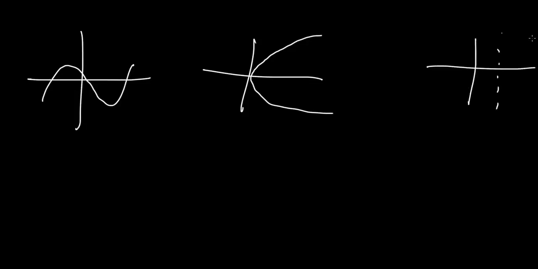So they drew a couple of graphs here. Here's a sine or a cos graph. Here they've got a square root of x graph. And here they've got a graph of tan. Could be tan, it could be the hyperbolic function. Actually, I'm not sure.